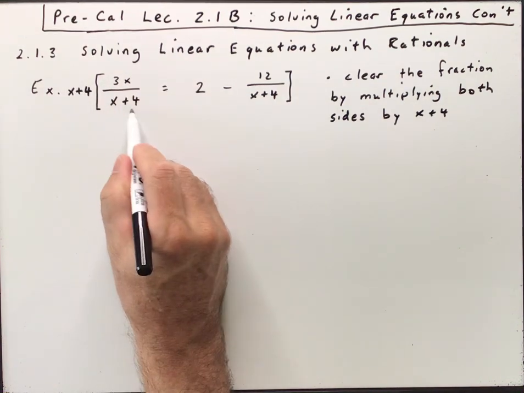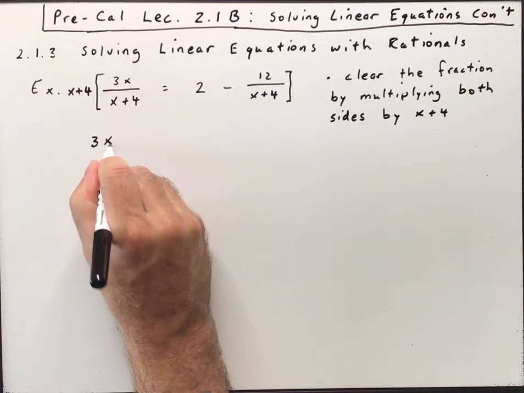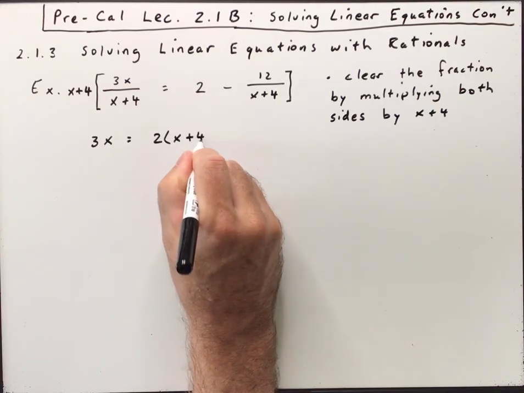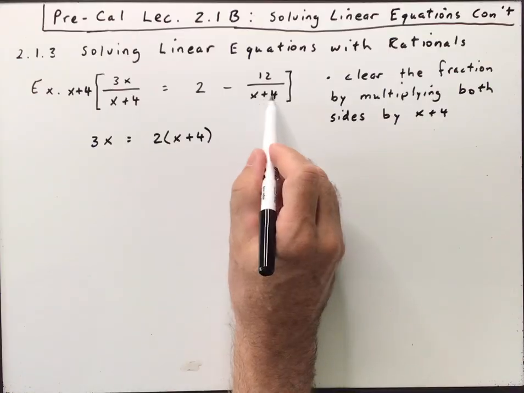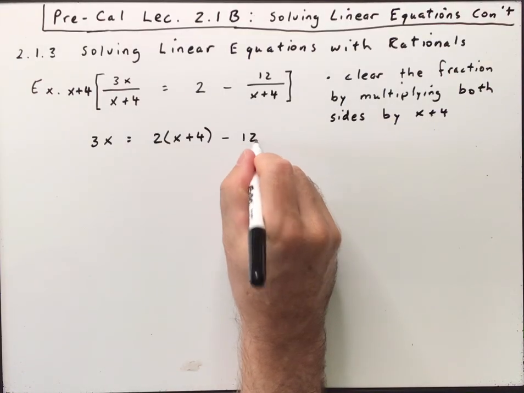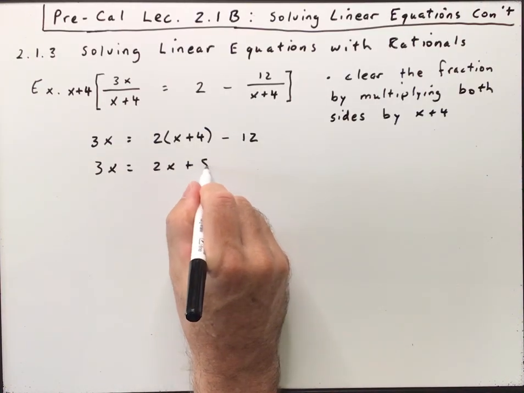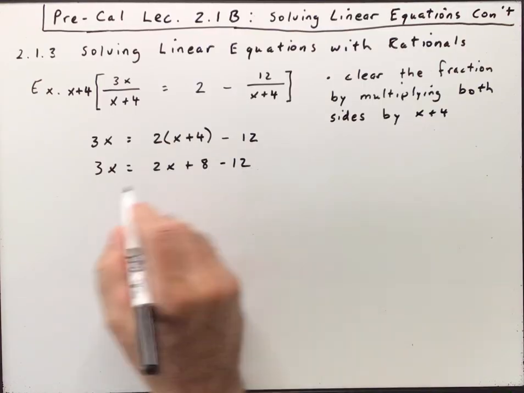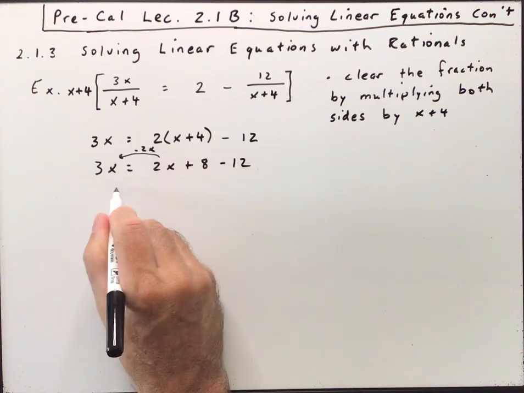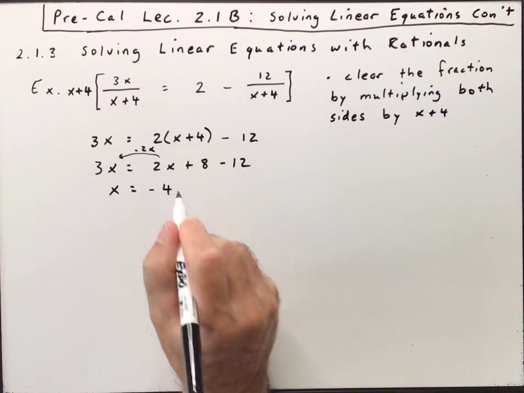Then the x plus 4 over x plus 4 cancels with this first term, just leaving 3x. Now you do have to multiply 2 by x plus 4. And then the x plus 4 over x plus 4 cancels on this last term, just leaving 12. So we'd have 3x is equal to 2x plus 8 minus 12. I'm going to move this 2x over here, make it negative. So that's going to be x, and then 8 minus 12, x is equal to negative 4.